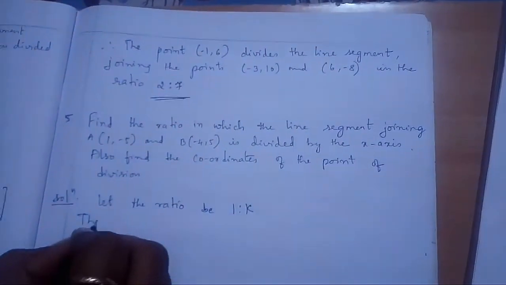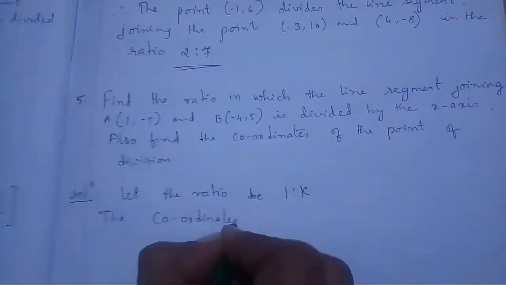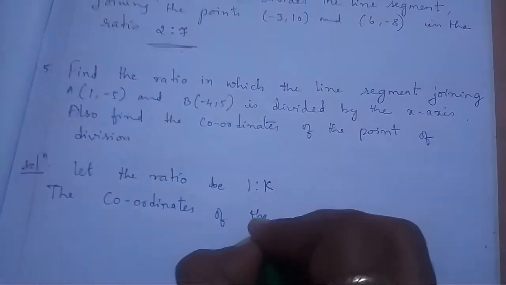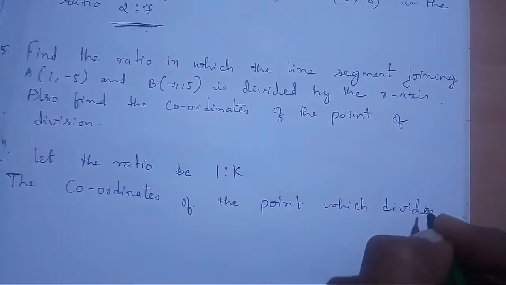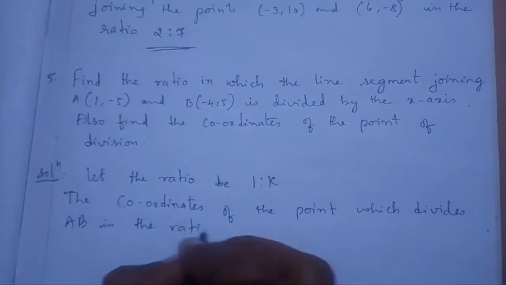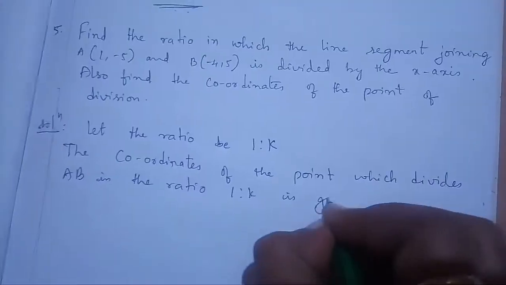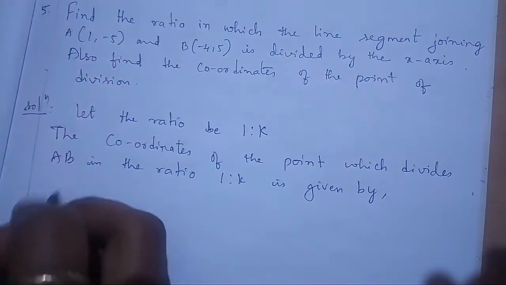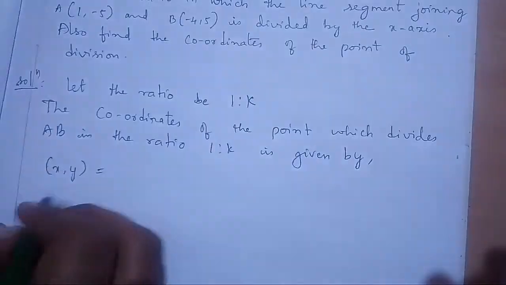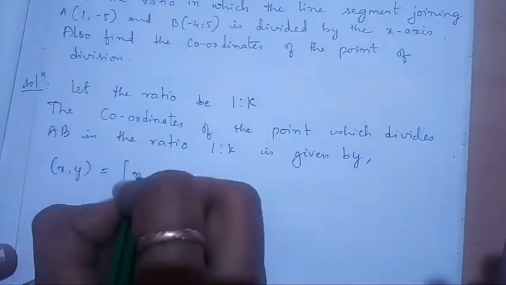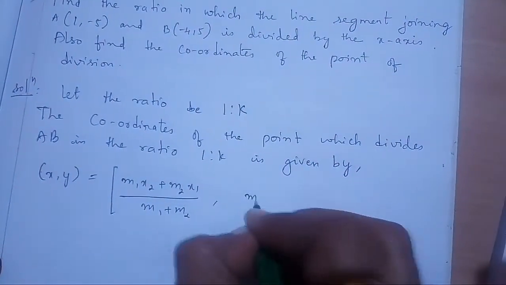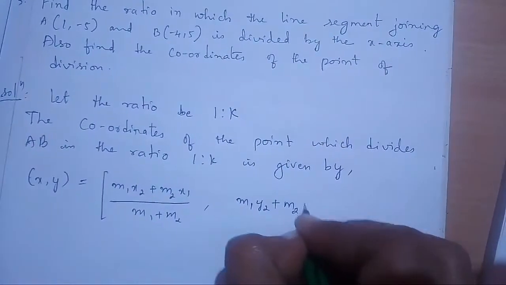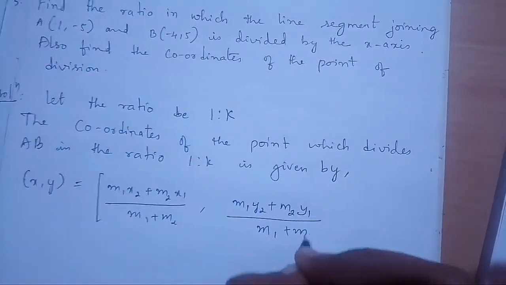Okay. The coordinates of the point which divides AB in the ratio 1 is to k is given by, that is, we know the section formula: x, y is equal to (m1 x2 plus m2 x1) divided by (m1 plus m2), and (m1 y2 plus m2 y1) divided by (m1 plus m2).